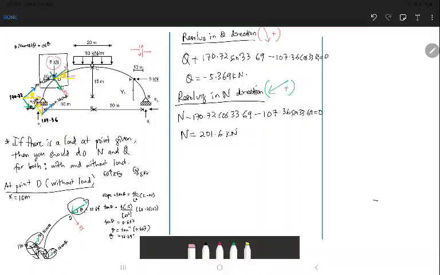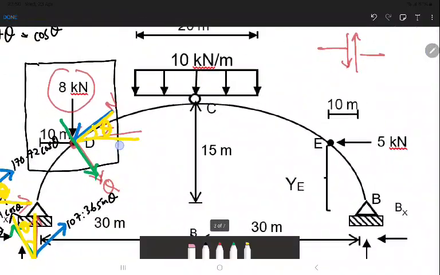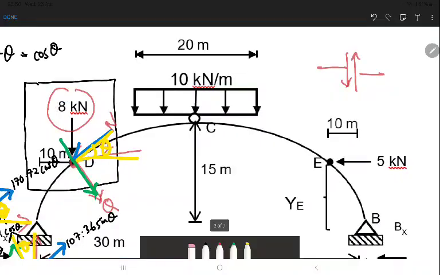Okay, for this question you have 8 kilonewton here, so you have to do it again for Q and N with load.